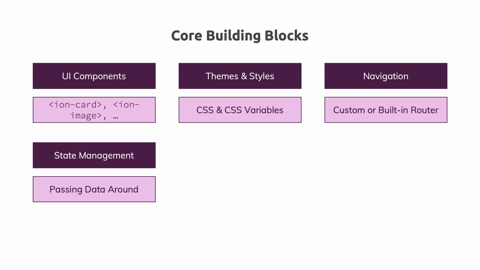Something like, is the user currently sending a request and should I show a spinner? That would be state. Or something like a list of loaded products. That would be another form of state. And this is also something where not Ionic directly, but frameworks like Angular can help us, and therefore we'll also dive into this later in the course.